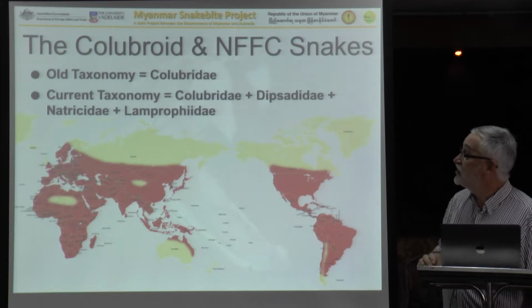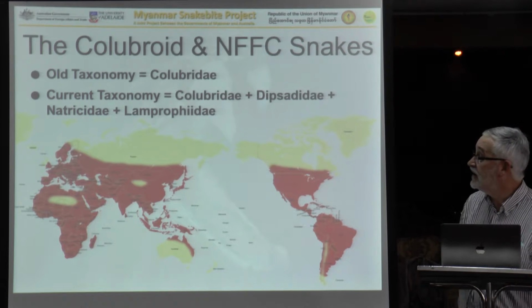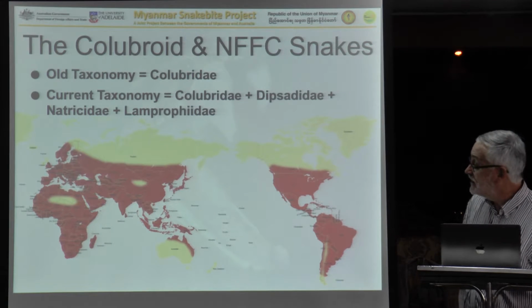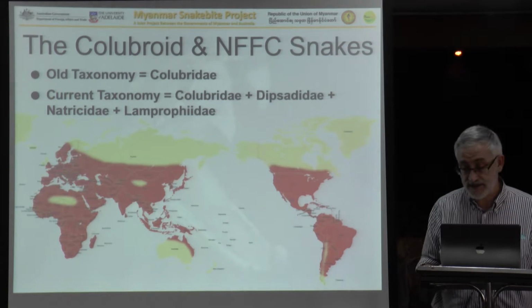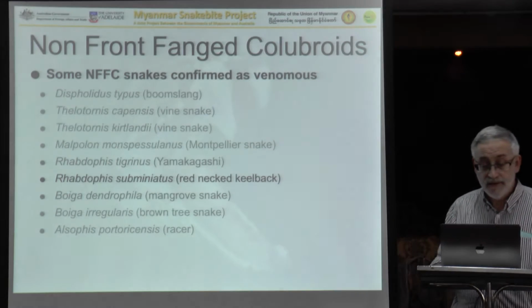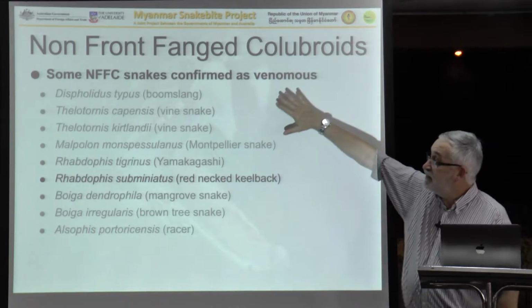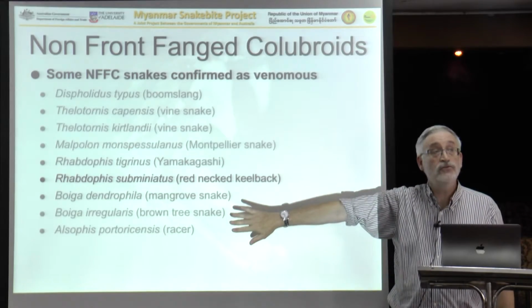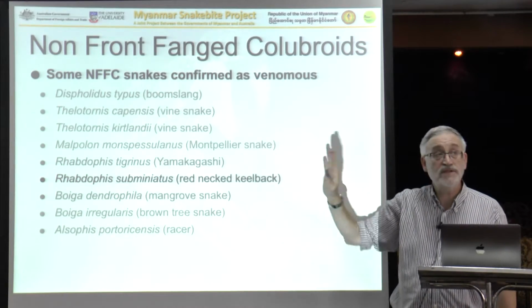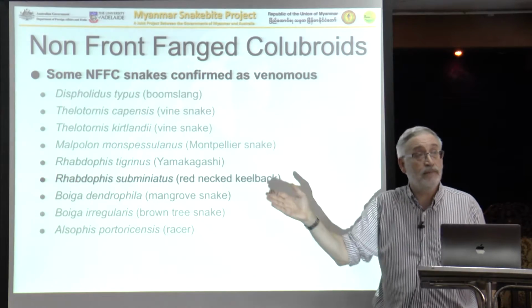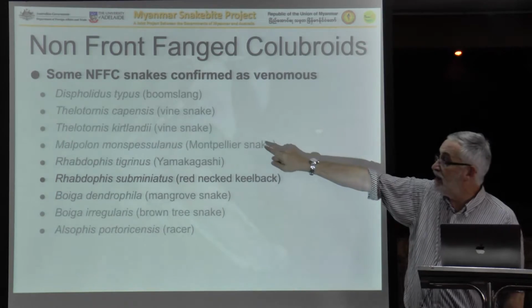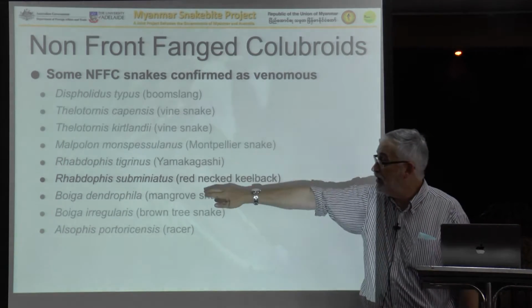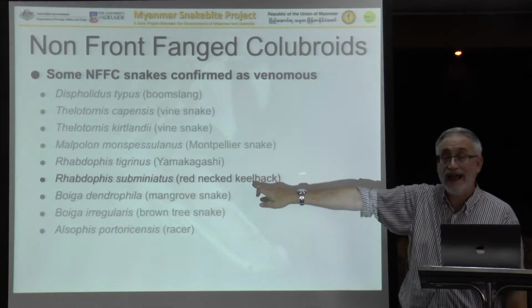So again, this colubroid, the non-front fanged snakes, they have a wide range, including right throughout Asia. There are many species here. These are some of the species that are known to cause problems in humans, and you will see this throughout the rest of the day in my lectures, that some of the lines of writing are grey, whereas only some are in the full black.